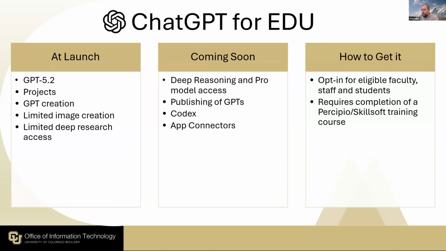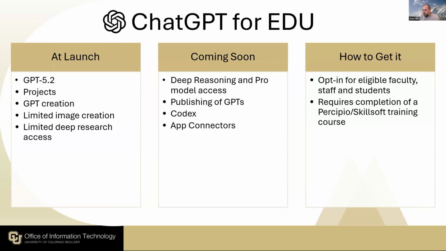If they want to participate and use the tool within the CU EDU tenant, they first have to take a real quick Percipio training at Skillsoft, and that's supplied by the system. That'll be available to both students and faculty and staff. Upon completing that, it'll kick off a provisioning flow where the users will receive an email invite to the environment.